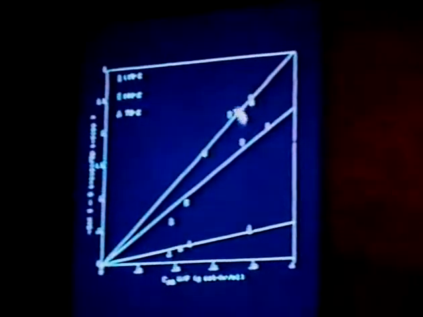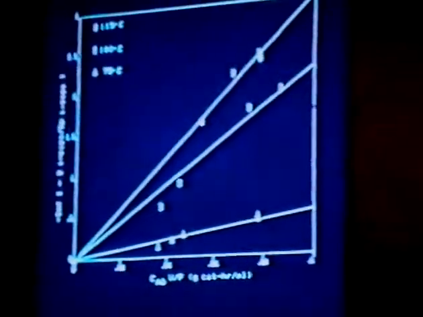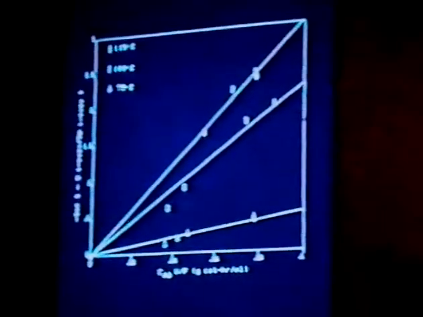And as you can see, we obtained a relatively good fit of straight lines through the origin for the three temperature levels. So from this we conclude that the first order dependence on the isobutylene is a good approximation for the reaction with the zeolite catalyst.